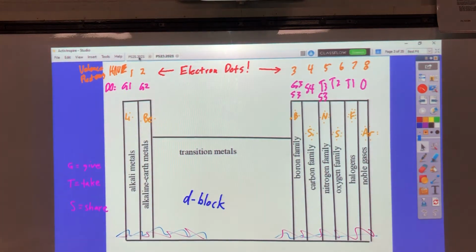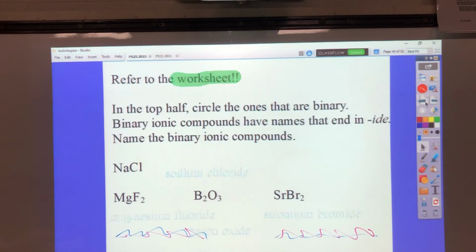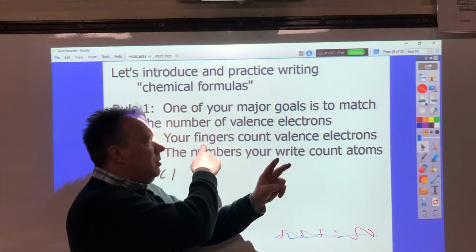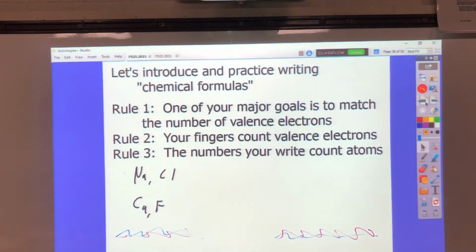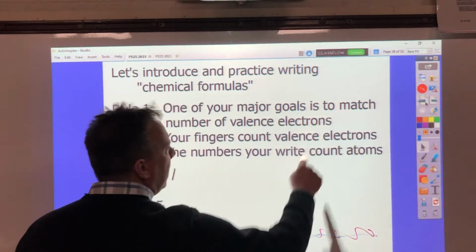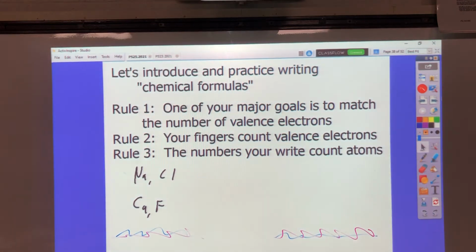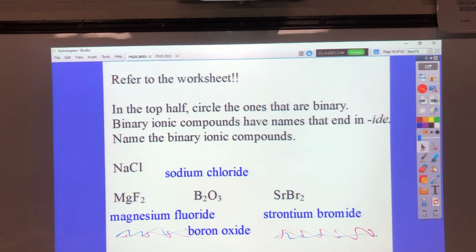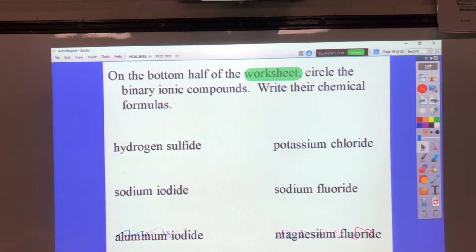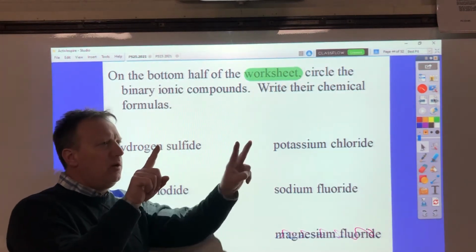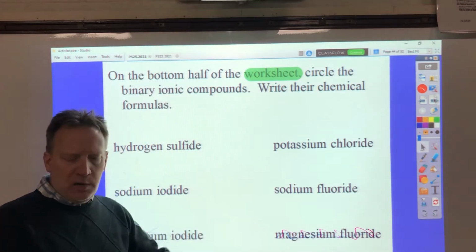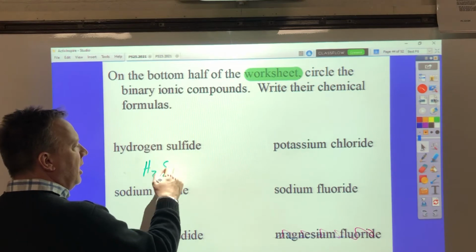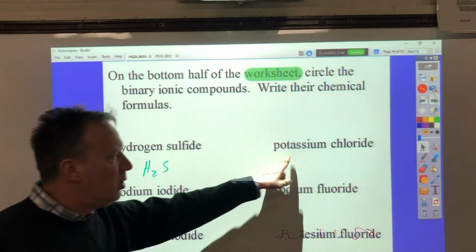And going back to what we talked about, we want to make matches. So how do you make the match? Hydrogen gives 1, sulfur takes 2. Well, you have to get another hydrogen. We did this the other day. So it becomes H2S.